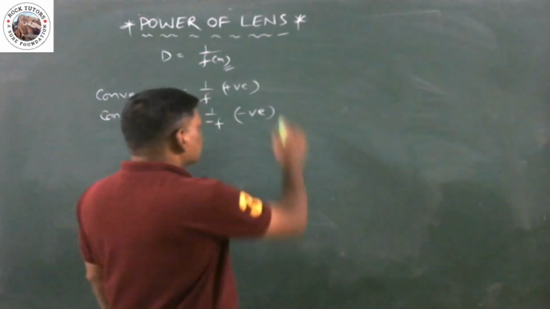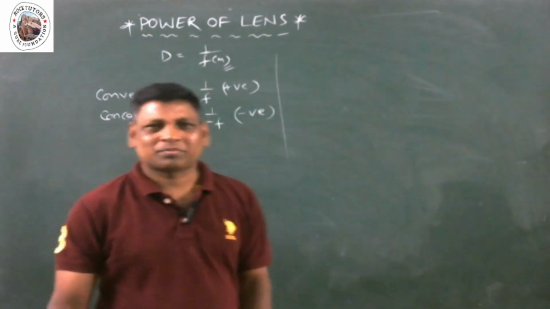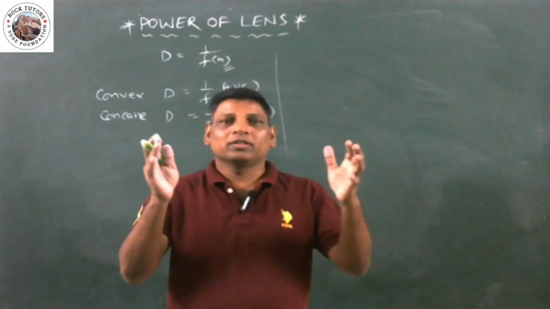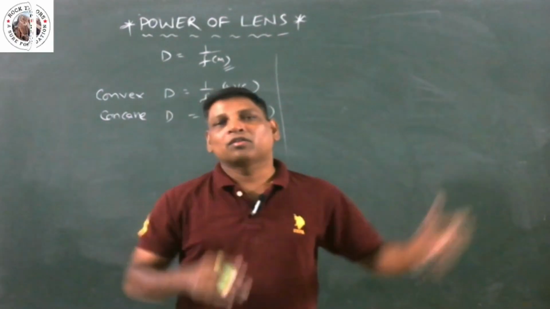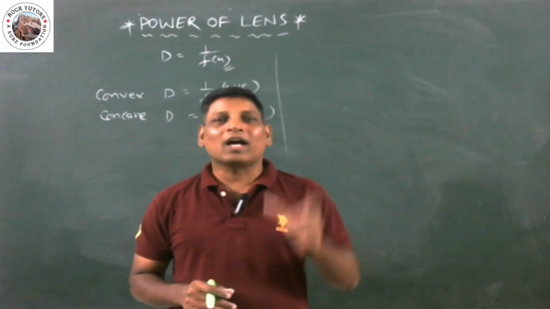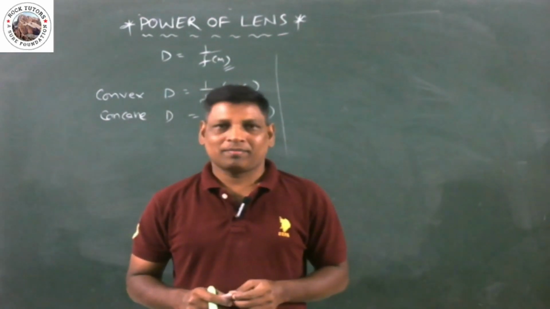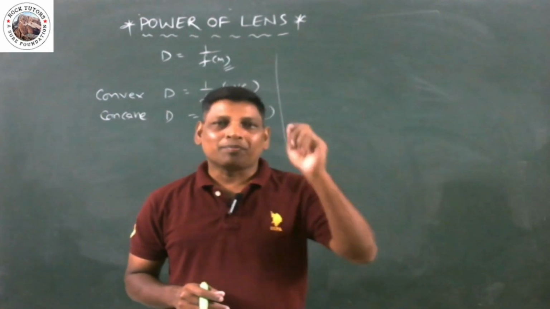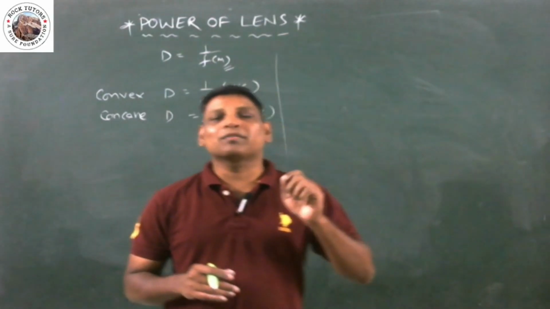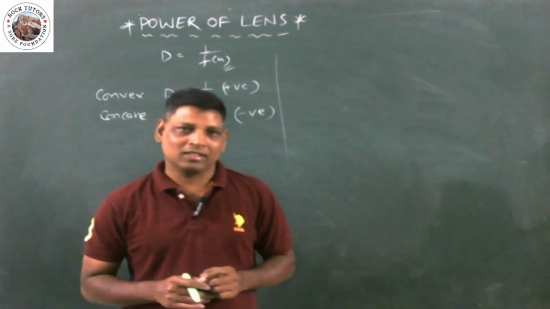Now suppose I am taking a combination of lenses. If I take more than one lens, what is the power of that combination? The power is equal to the algebraic sum of the individual powers of the lenses.